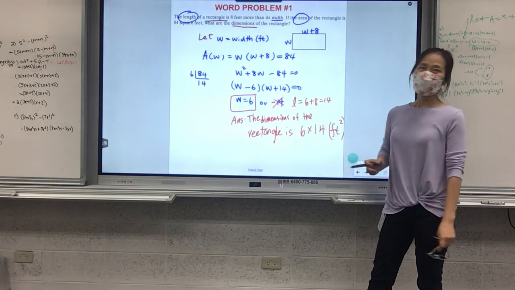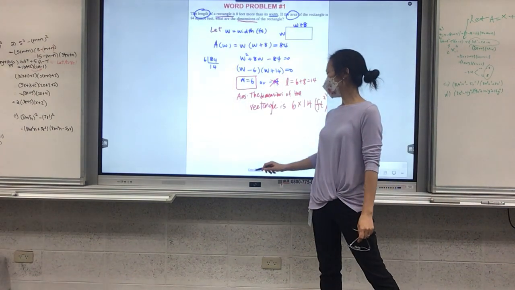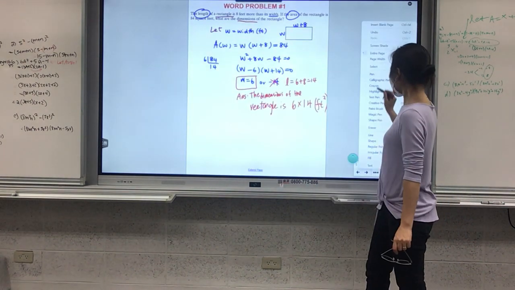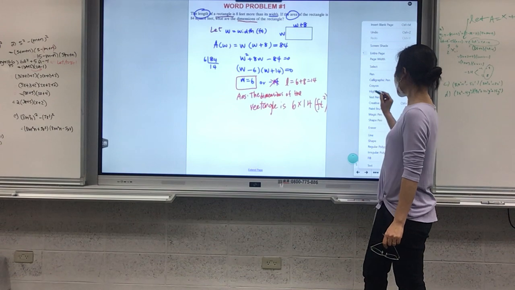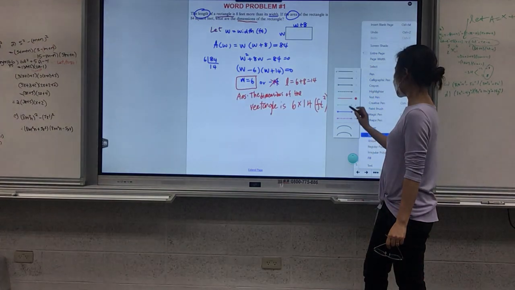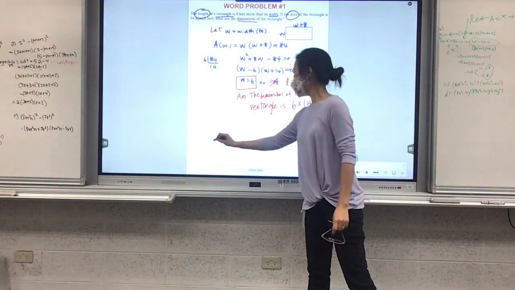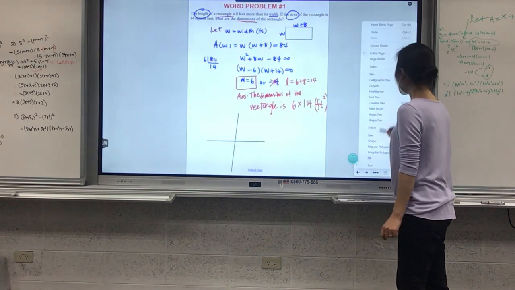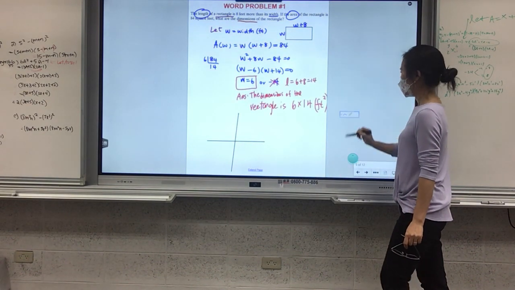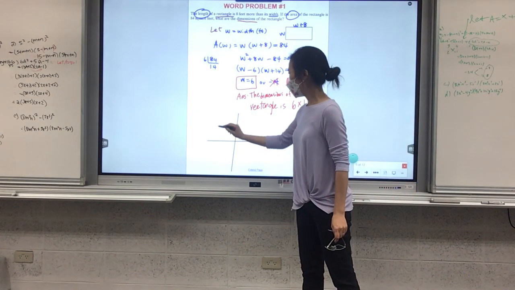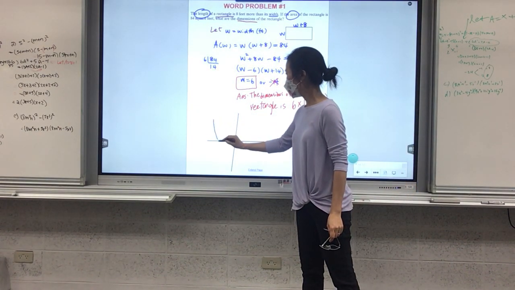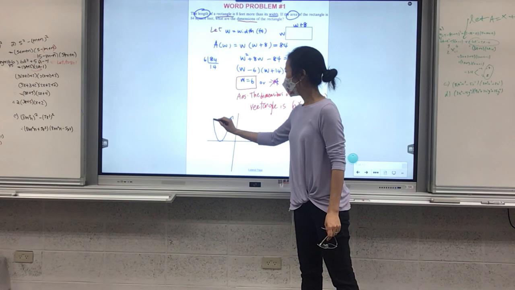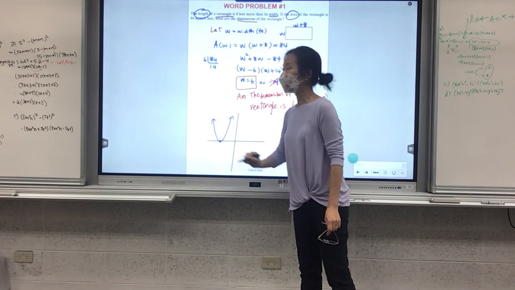So the question is, when the quadratic equals 0, I'm going to show you this. This is the x-axis, this is the y-axis. My quadratic could be here, touching the x-axis at one point.